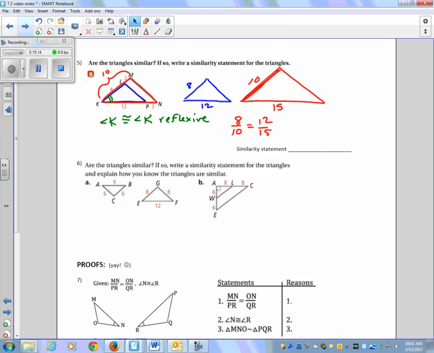You can cross multiply. You get 120 equals 120. And they are similar. Remember, the other way to do it is 8 is to 10, simplifies to 4/5, and 12 is to 15, also simplifies to 4/5. Same. Okay, so they are similar by SAS.